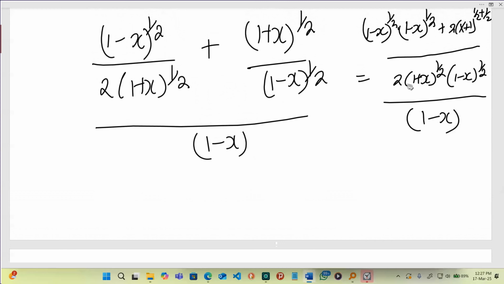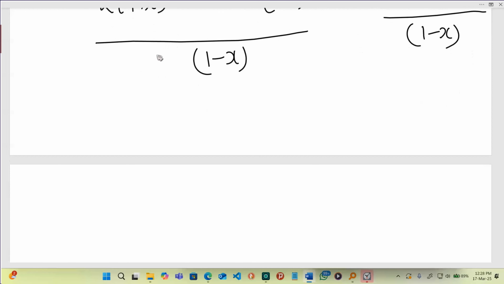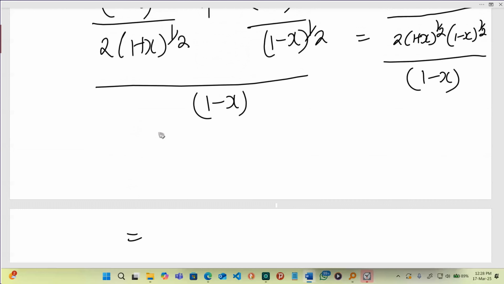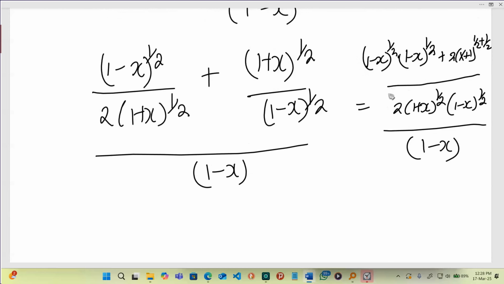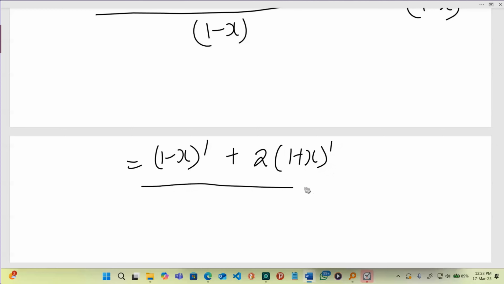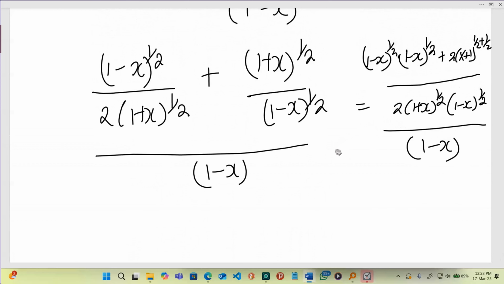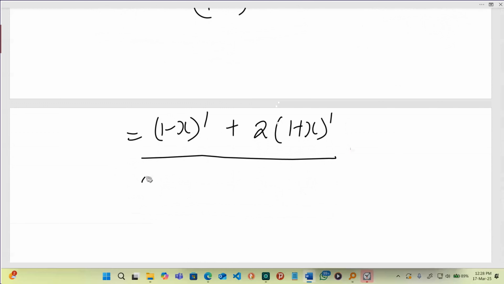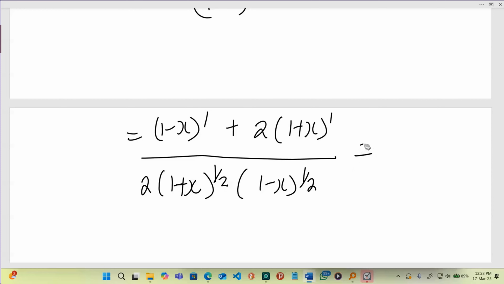So I've done this because I didn't have space here, but I think you understand. So this is equal to this and that. You'll have (1 minus x) to power 1, then plus 2 into (1 plus x) to power 1. Then we are dividing it by 2 into (1 plus x) power a half into (1 minus x) power a half, then divided by 1 minus x.